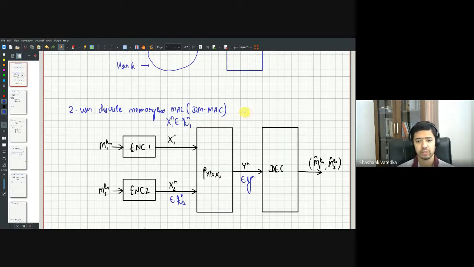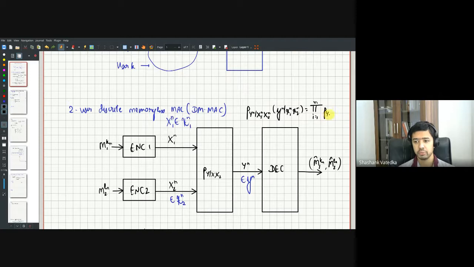Right? And the channel is said to be memoryless if the following happens. The probability, the conditional PMF of y^n given x1^n and x2^n, essentially factorizes as a product.